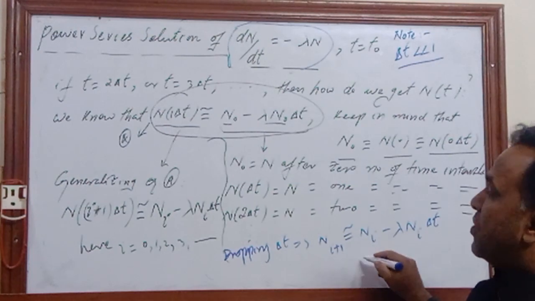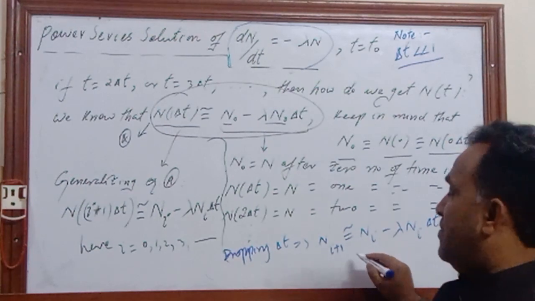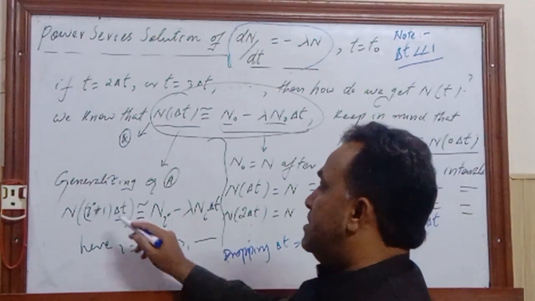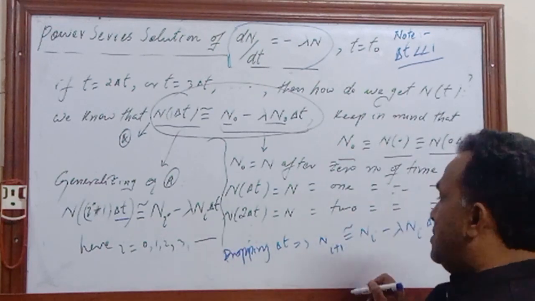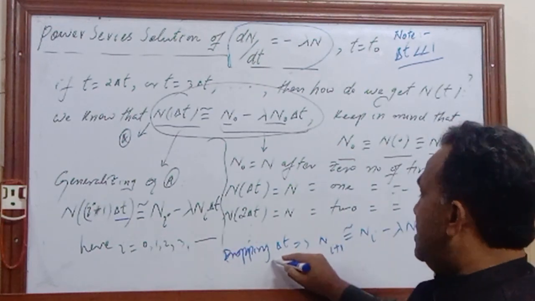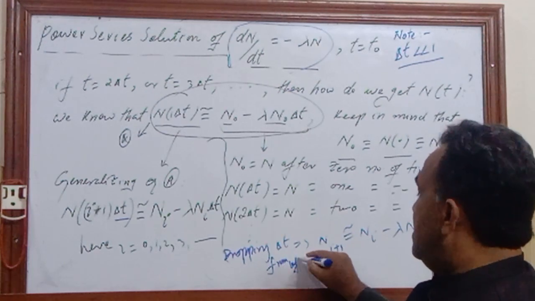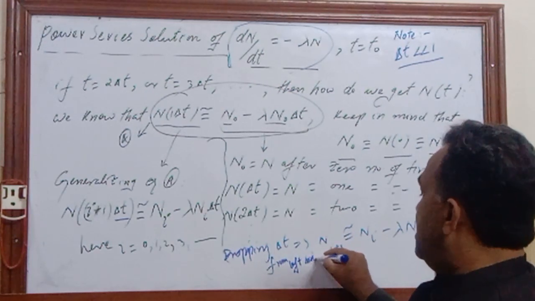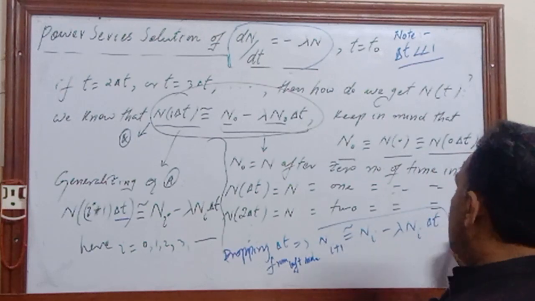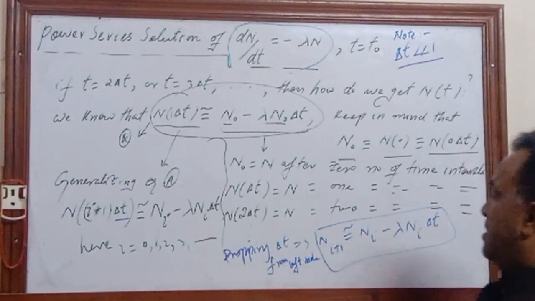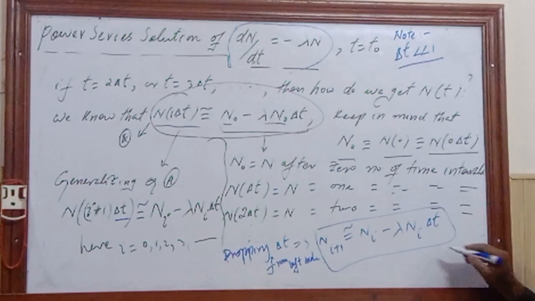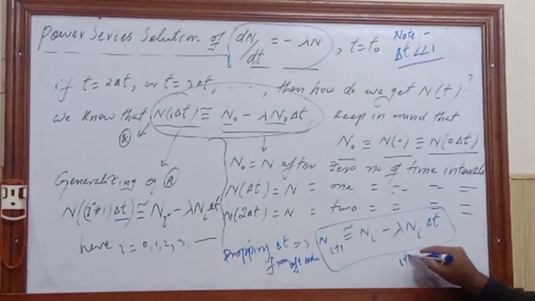This is famously called the iterative equation.